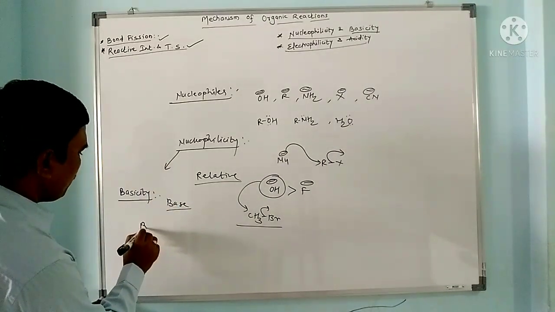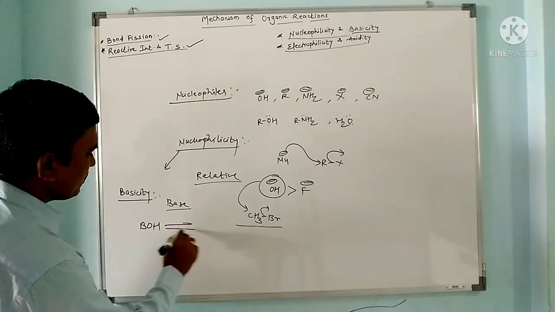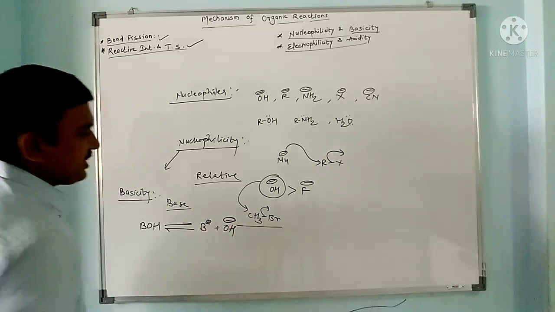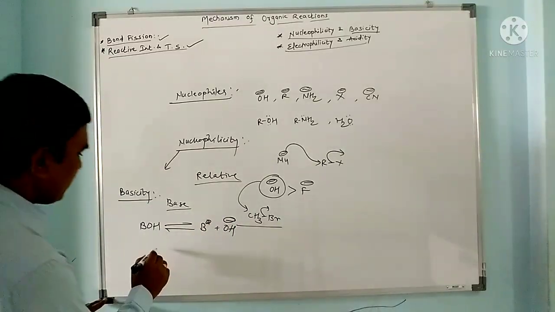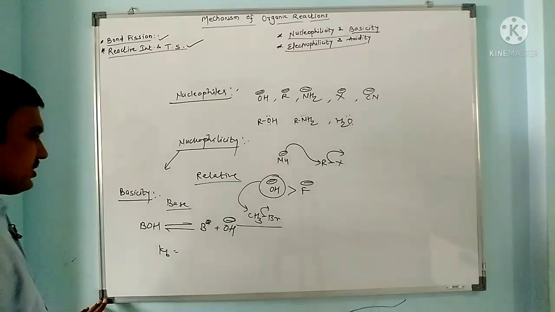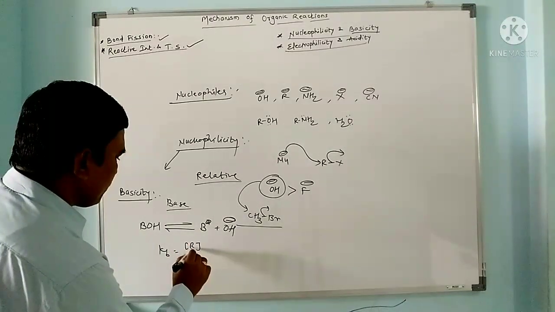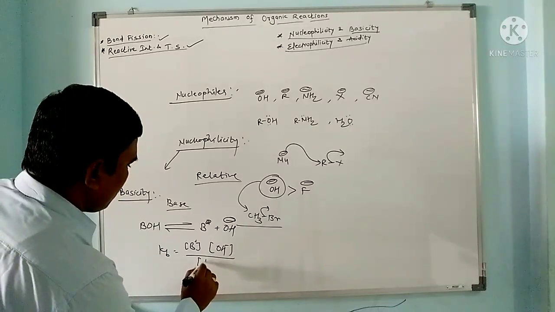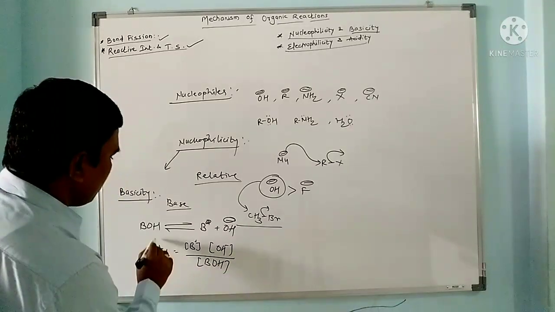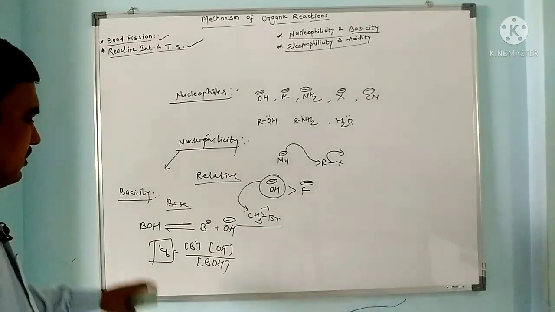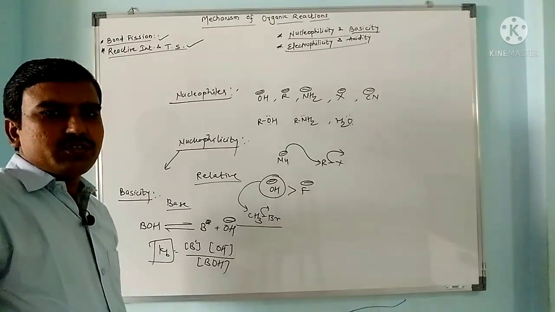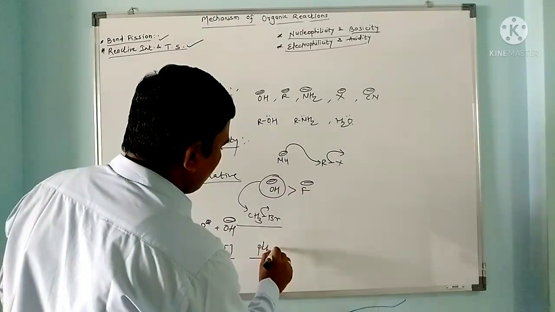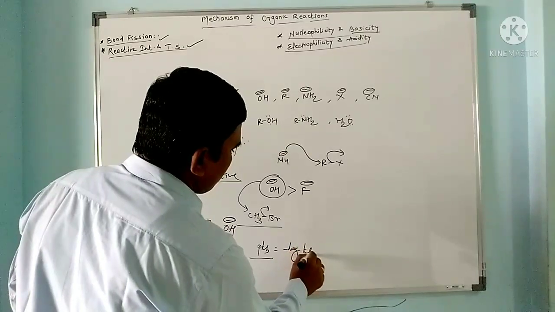Suppose we have the example of BOH. It undergoes dissociation and gives B plus and the OH minus ion. From the law of mass action we can find the dissociation constant Kb, which is the concentration of B plus times the concentration of OH minus divided by the concentration of BOH. So this Kb is the dissociation constant of the base and it can be expressed as pKb, the negative log of Kb.